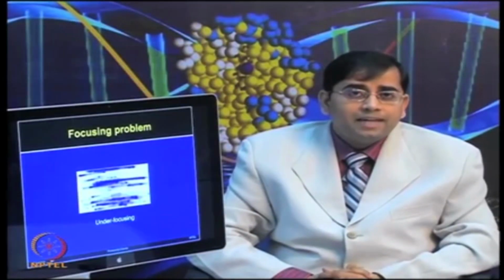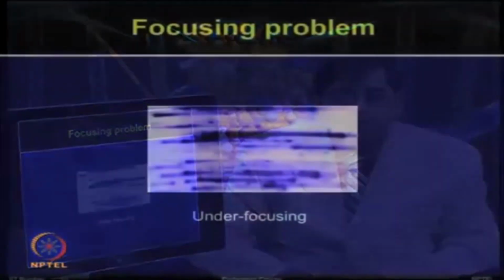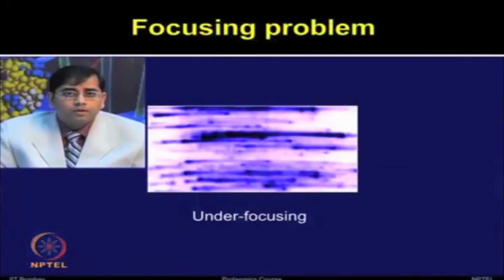Now, the IEF process is very crucial. Many times during the IEF run itself, one can monitor the problems if you have software which shows how the run is progressing. Often if your voltage setting is not correct, it is insufficient for complete focusing, and it may result in under focusing, as shown in this image.